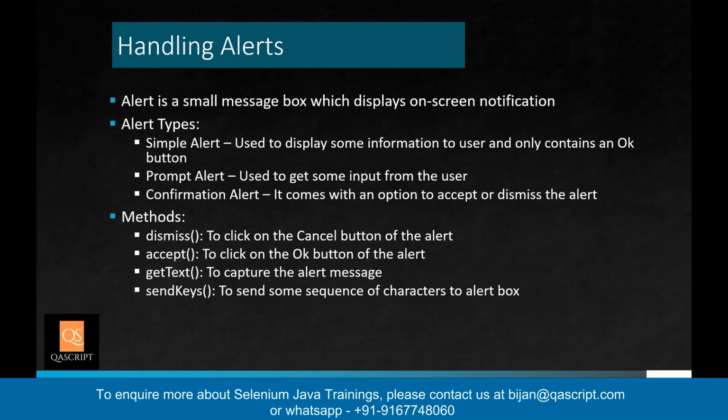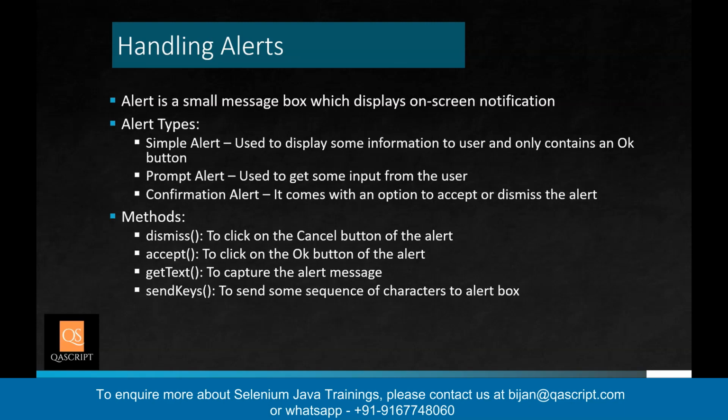And get text, if you want to capture the alert message displayed on that particular alert box. And if you want to enter any particular text into that alert box, where there is a text field, you can use the send keys method. So these are the different methods available with the alert class in Selenium.